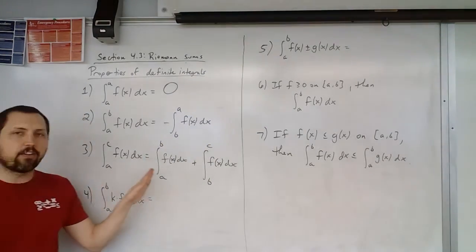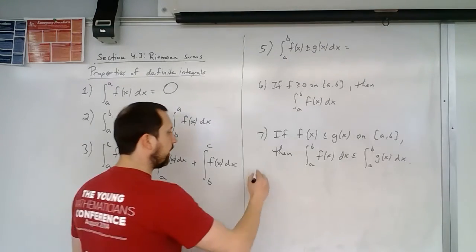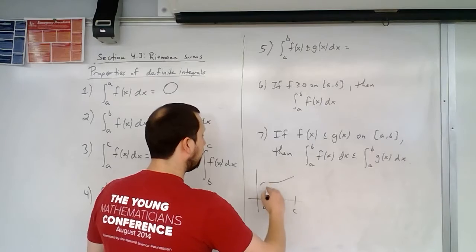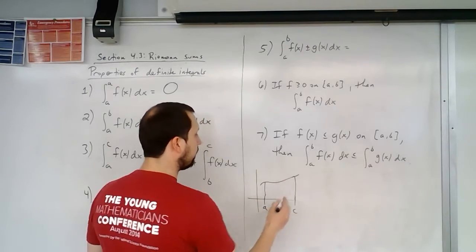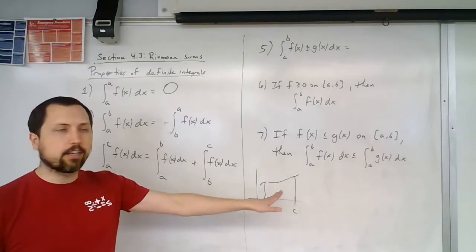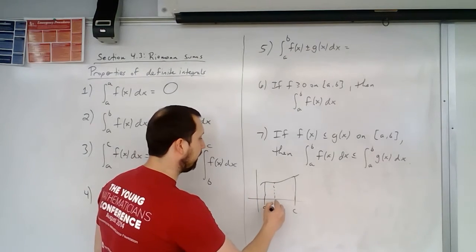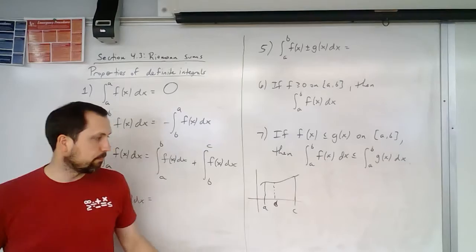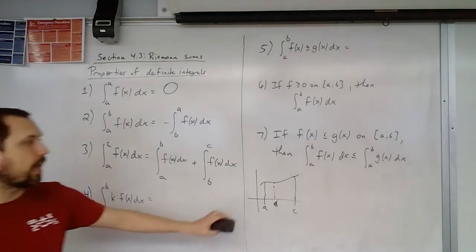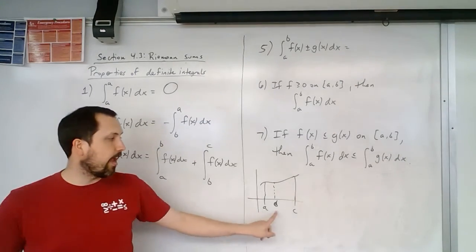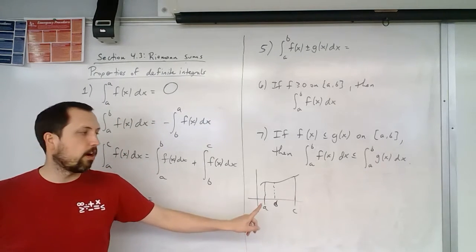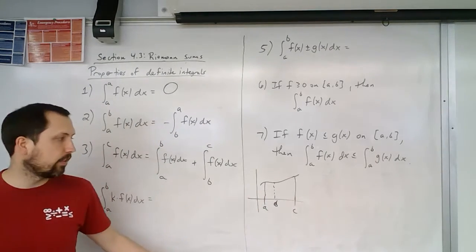If you're looking at this thing from a to c, you have this area here. This total area could be seen as the same as taking the area from a to b and adding on the area from b to c. So we're allowed to do that, or vice versa. If I find the area from a to b and the area from b to c, that will be the same as the area from a to c if I add those together.